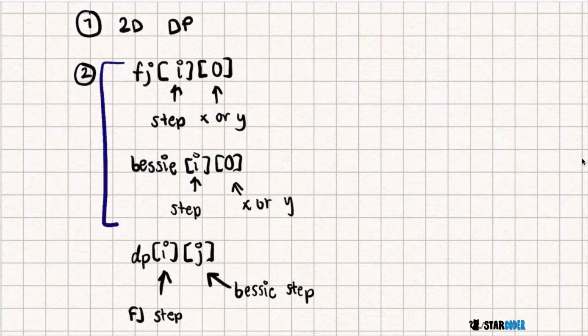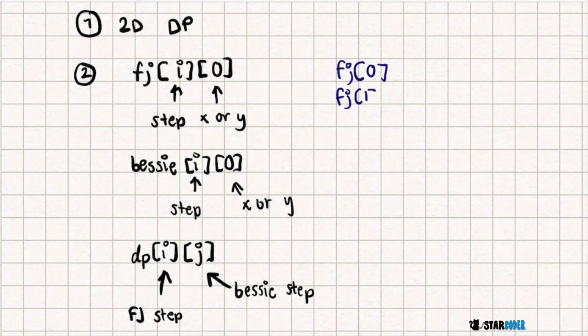So Farmer John 0 is the starting location, and Farmer John 1 is after he moves the first step. Say that's north, then it'd be Farmer John 0 moved up 1. We store the x and y in two separate values, which is why it's 2D. So we'd have Farmer John 0, 1 and Farmer John 0, 0.